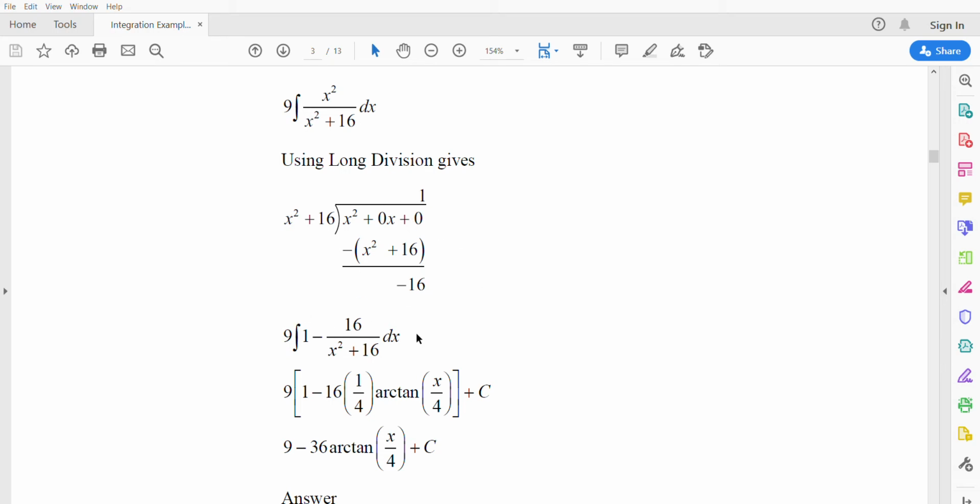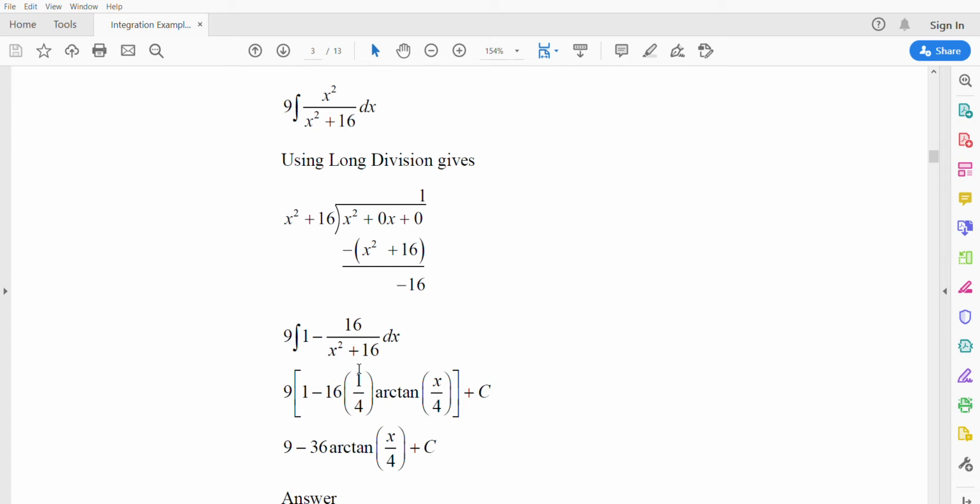Now this is something that we can integrate. I still have this coefficient out in front. The antiderivative of 1 is going to give me an x, so that should be an x there, not a 1. And then I'm going to have 16 times 1 over 4 times the arctangent of x over 4, and then plus a constant.